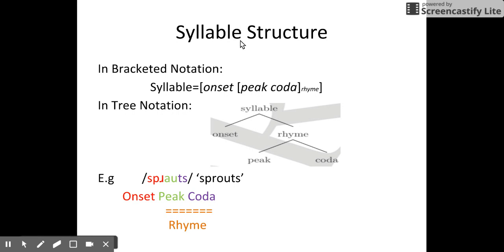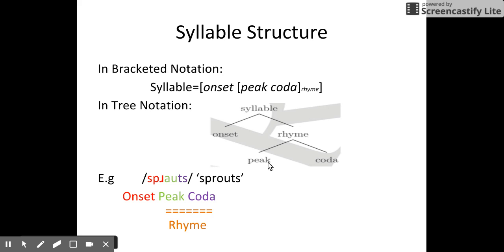Okay. So let's talk about the structure of a syllable now. So peak is the vowel of the syllable, and then the peak with the following consonant. The consonants following the peak are called coda.